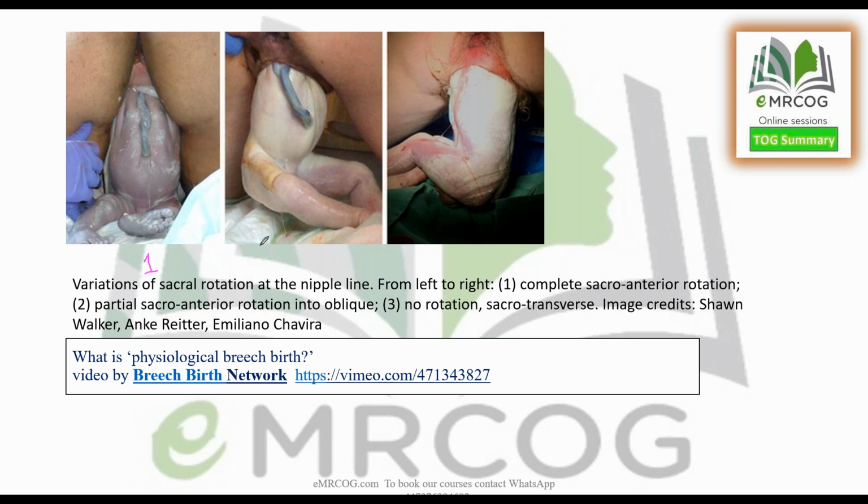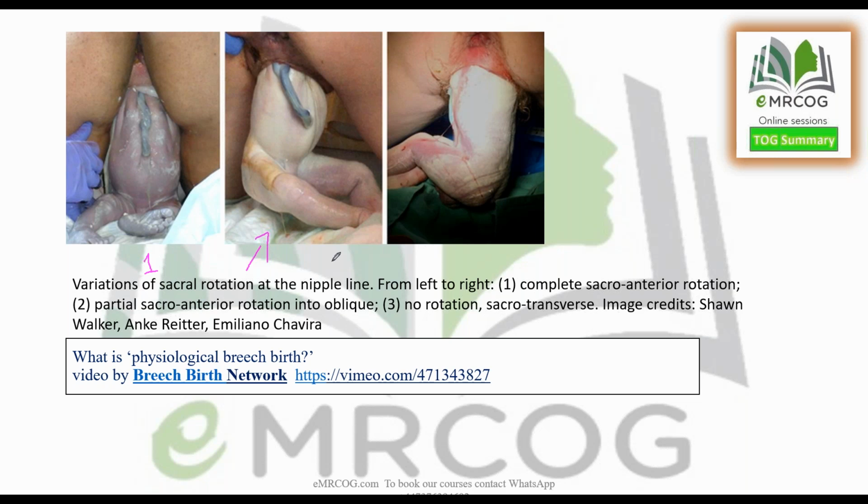And what happened in number two? There was a rotation, and the rotation aimed to bring the sacrum anterior.